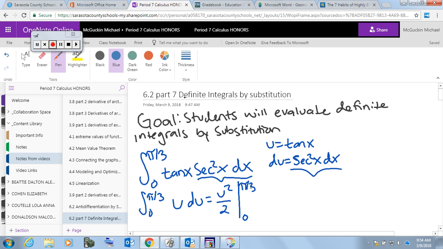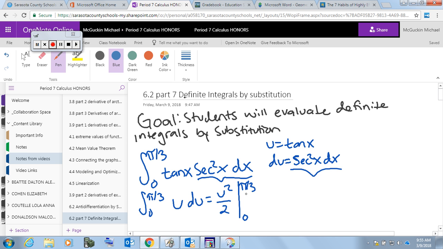So once again, two options. Option 1, plug 0 and pi thirds into u, which is tangent x, and you would find that the tangent of 0 is 0 and the tangent of pi thirds is the square root of 3. Option 2 is you could take u, which is tangent, and substitute tangent back in for u and do it that way. It really doesn't make a difference how you go about it.